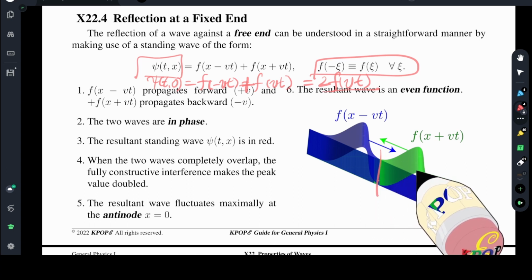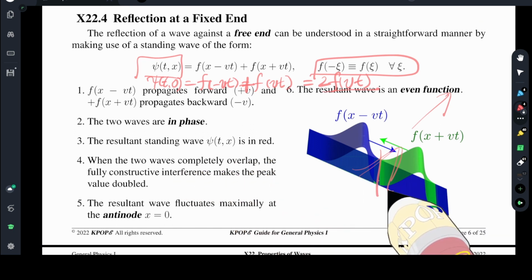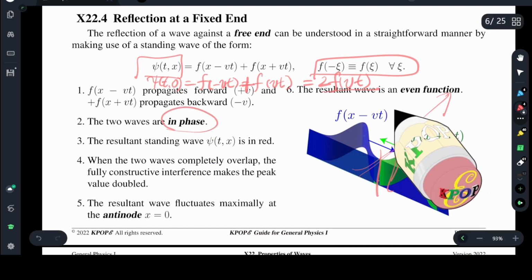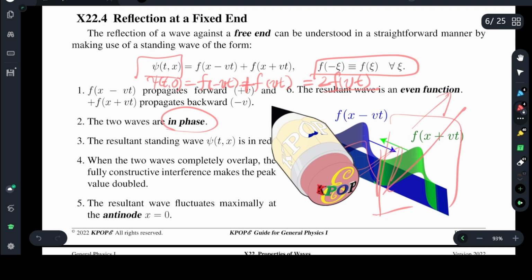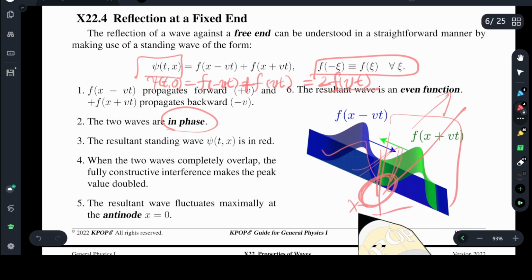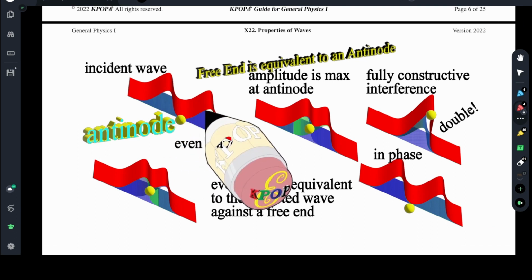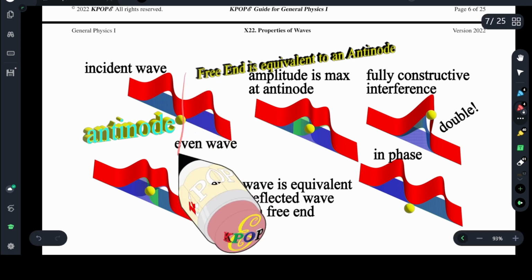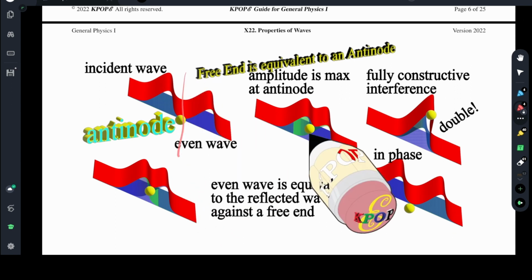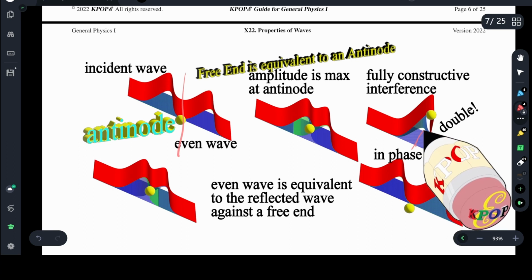You can see when they meet together, it will be double. So two waves are in phase, and if you forget the right side, the reflected wave has the same kind of form. So x equals 0 is an anti-node. In summary, when two in-phase waves collide, the midpoint is always an anti-node. And when they overlap exactly, the wave becomes double.